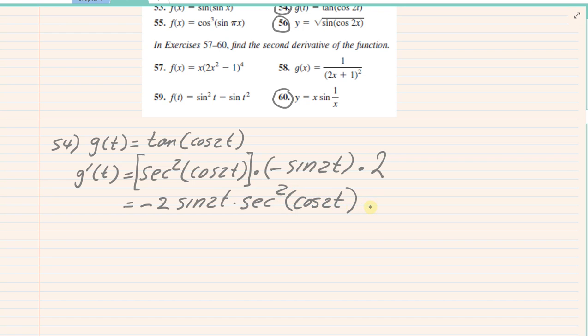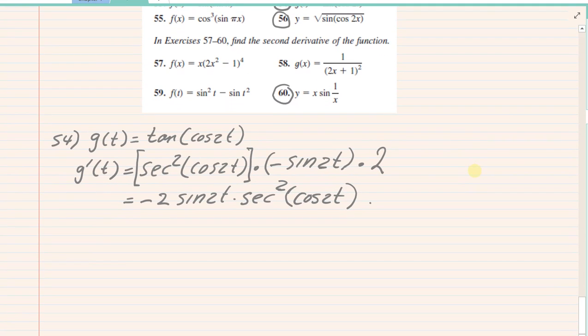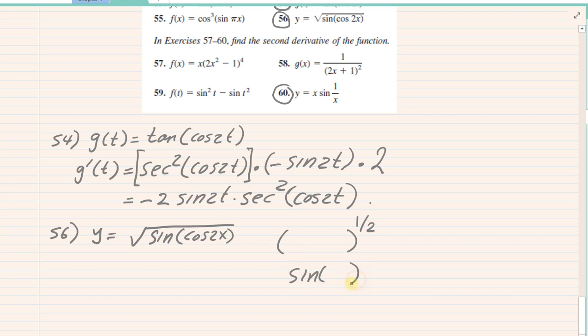Now, that was 54, let's do 56. In exercise number 56, we have y is equal to the square root of sine of cosine 2x. So the outside function is square root, the inside function is sine of something, the cosine itself a composition, right, of something.